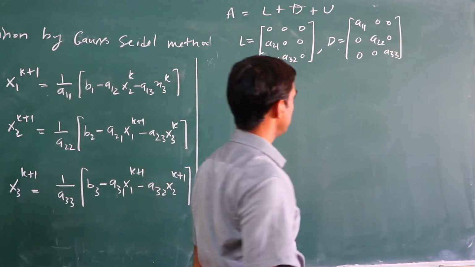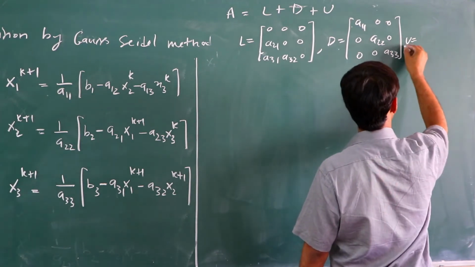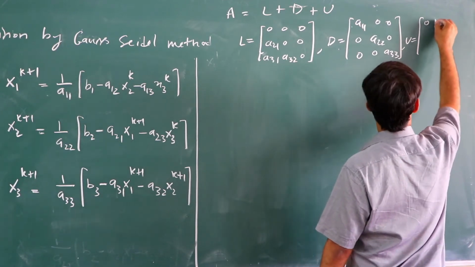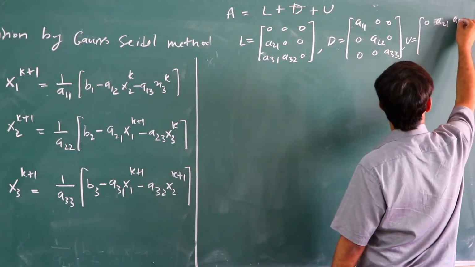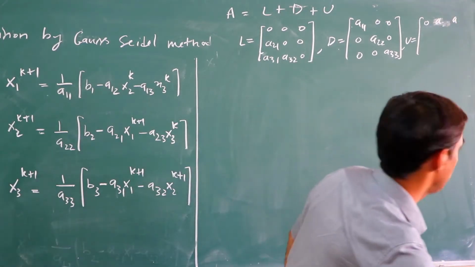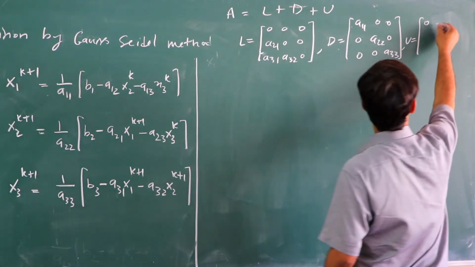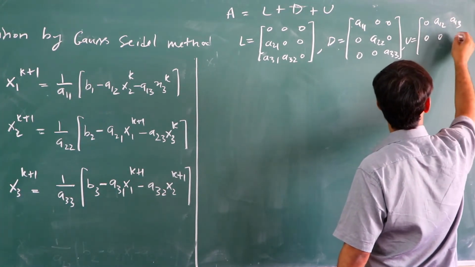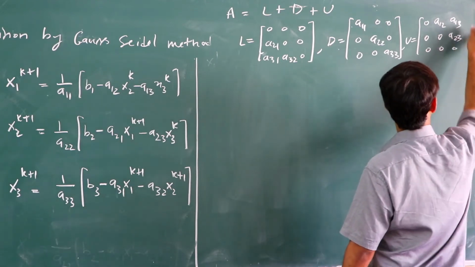This is the value of D. And similarly we write the upper triangular matrix U, which is 0, A12, A13, then 0, 0, A23, and 0, 0, 0.